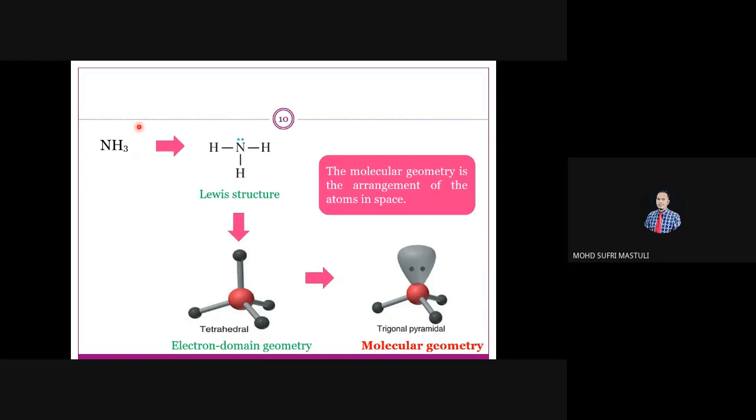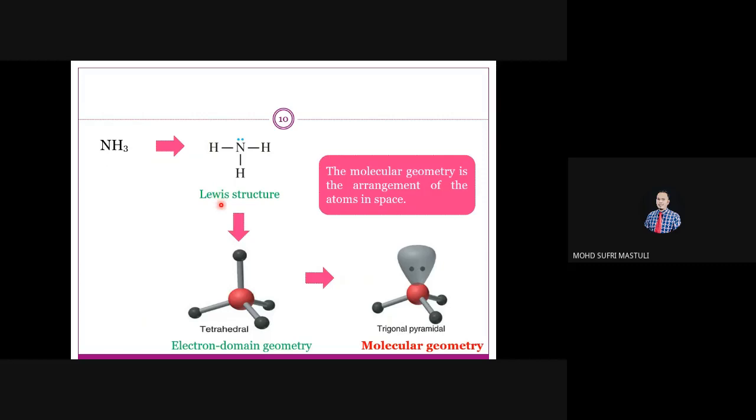So we try to observe this particular example. We know ammonia, the molecular formula is NH3. From the molecular formula, you already know how to draw the Lewis structure. This is the Lewis structure of ammonia.